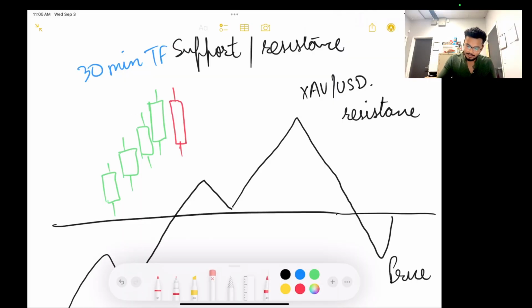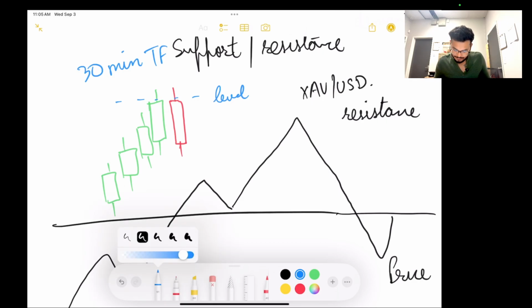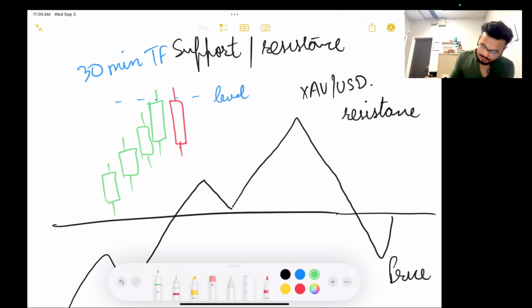So whenever this happens, this tells you one thing, that price took rejection at this key level. Price took rejection and price couldn't sustain that level and reversed from there, took a pullback, you can say. In that case, this will be identified as our resistance, because price resisted this level and started going down.